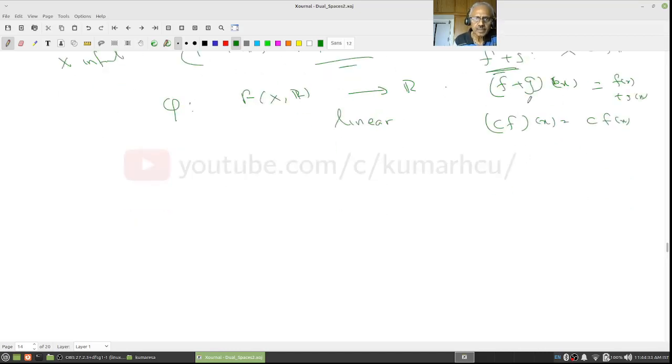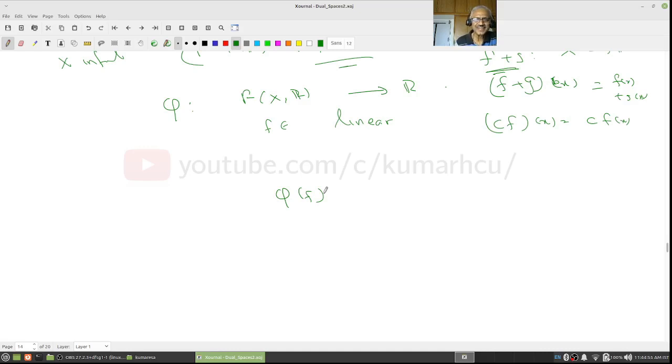Now think about it. What does it mean? Give me any function f from X to R, phi of f should be a real number. Given any real valued function on X, I want a real number out of that. What is the very natural way of getting it? Okay, I can just say that and you can verify.